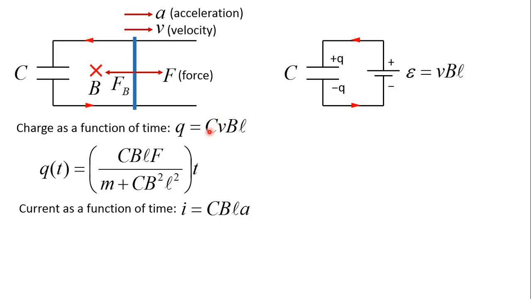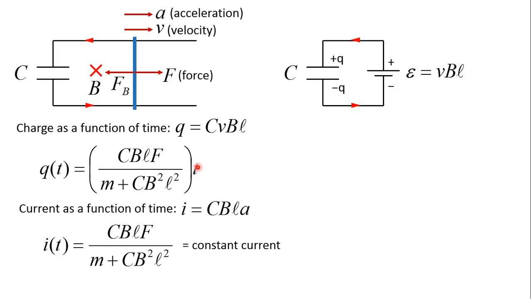That means if you do dq by dt, then CBL will be constant, differentiation of V would be acceleration A. So that's how we get this expression here, or otherwise you can directly differentiate this. So this bracket is a constant and this T differentiation will become 1. So this bracket quantity is nothing but the current. So in this manner we have found 4 quantities here: acceleration, velocity, charge and current. We find that current is also constant, same as acceleration.